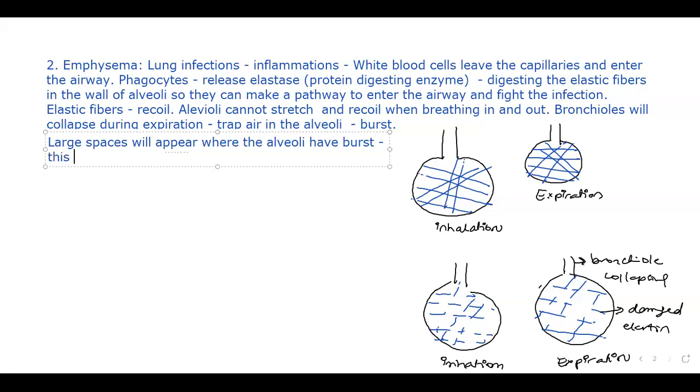If the alveoli have burst, what's going to happen? This will reduce the surface area for gaseous exchange.